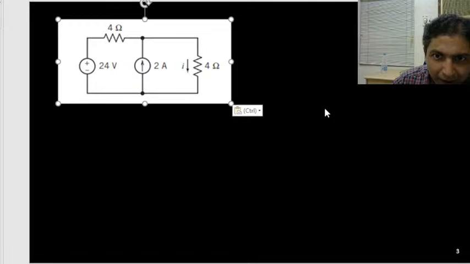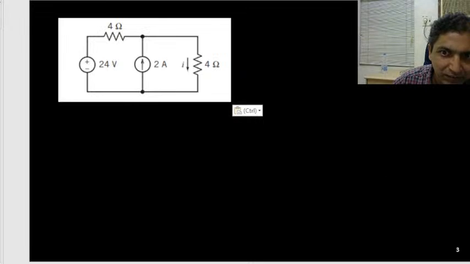Same problem I want to solve using source conversion. How quickly can we solve it? I think you understand about the source conversion. Okay. So can you solve this thing?